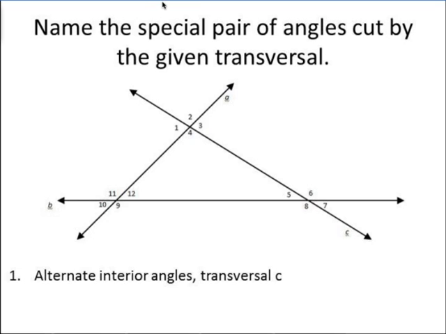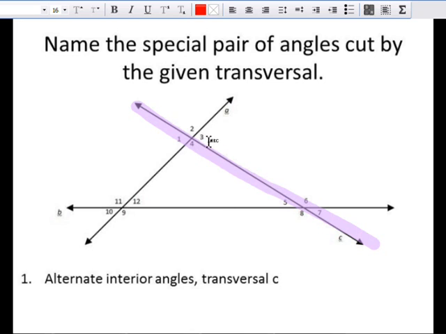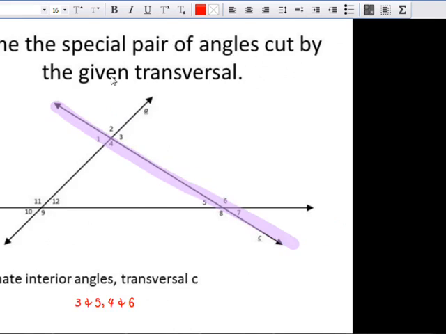All right, so to start, we have alternate interior angles, transversal C. So if C is the transversal, line C is this one. What are some alternate interior angles? Well, alternate interior angles would be 3 and 5. And we could also say 4 and 6. So 3 and 5, and 4 and 6 are our choices on that one.